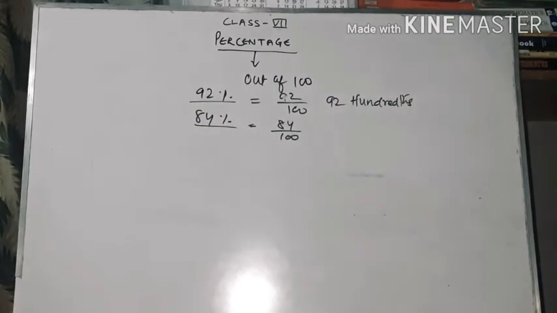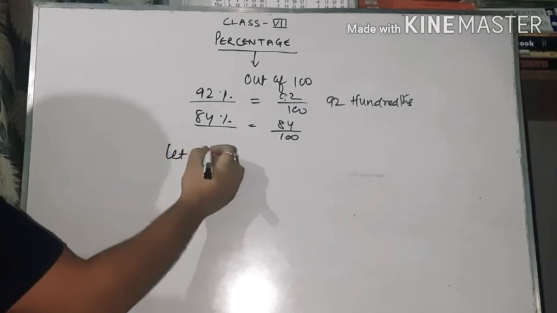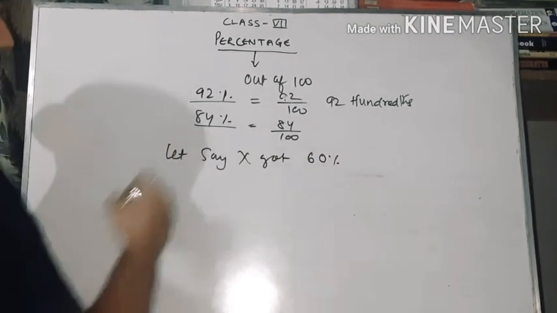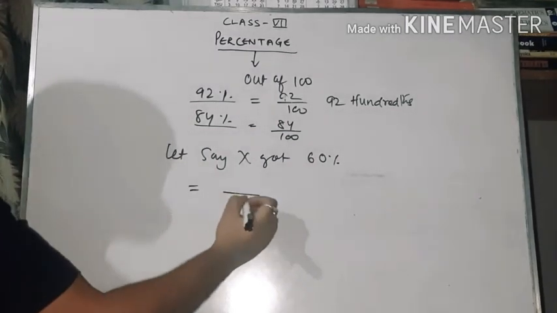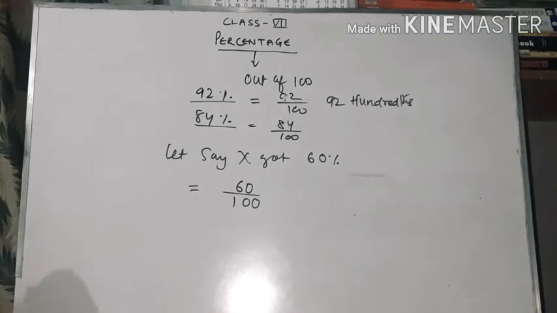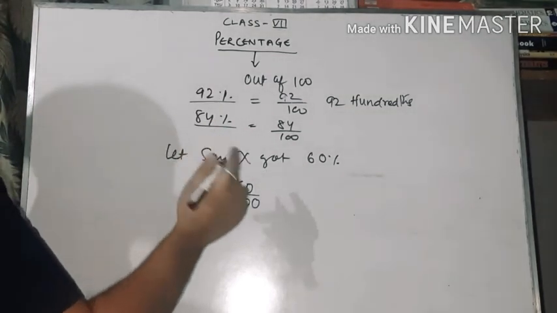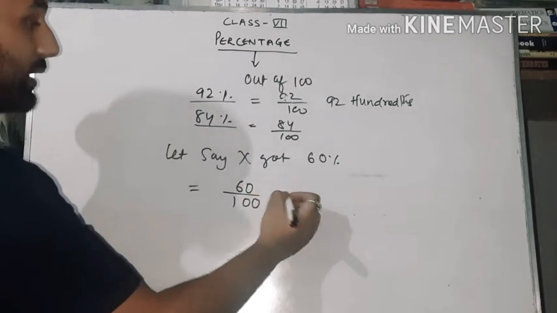Suppose we say x got 60%. It means that out of 100, x got 60. So percentage means we have to compare it with 100, and we call it the hundredths part.